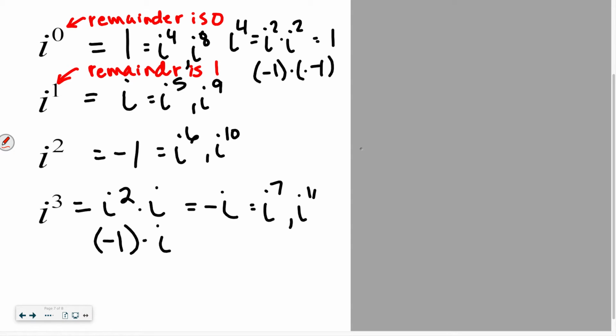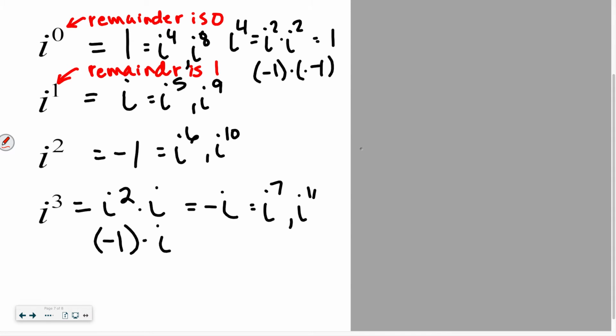Is this making sense? These are all remainder 2 and these are all remainder 3. So if you divide your exponent and its remainder is 3, it is negative i. If its remainder is 1, then it is i to the first, or i.